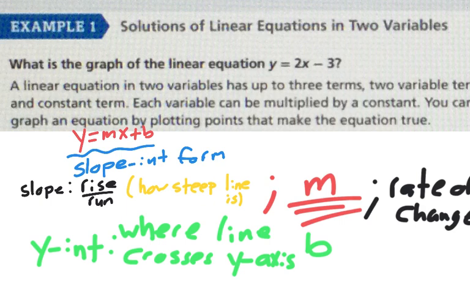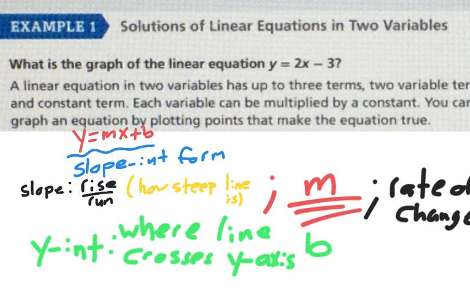Yes. How much something's changing by. So the slope measures how much I'm changing from point to point. So in order to use it, what must I have? A point.